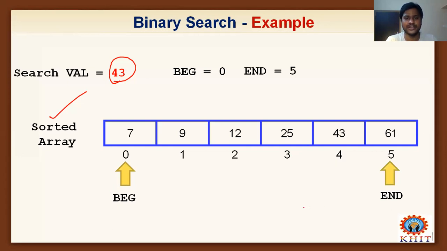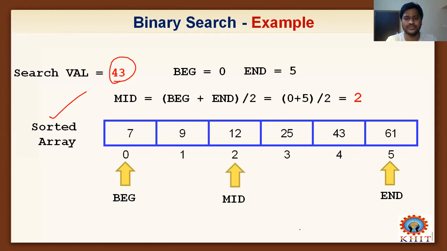And find the mid value. Mid equals (beginning plus ending) by 2, equals (0 plus 5) by 2, that is index 2. So this is the mid position. Compare this 43 with the mid value 12.